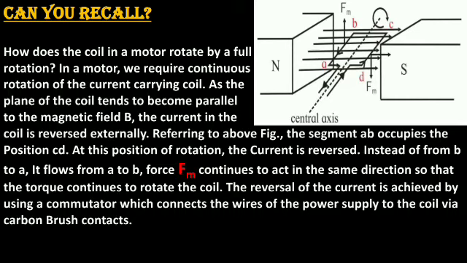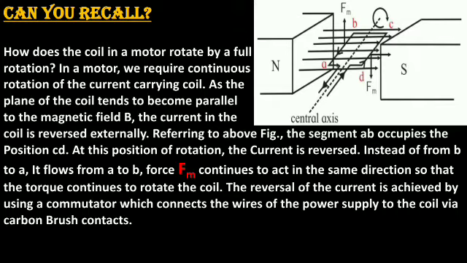Can you recall how the coil in a motor rotates by a full rotation? In a motor, we require continuous rotation of the current carrying coil, as the plane of the coil tends to become parallel to the magnetic field vector B. The current in the coil is reversed externally.